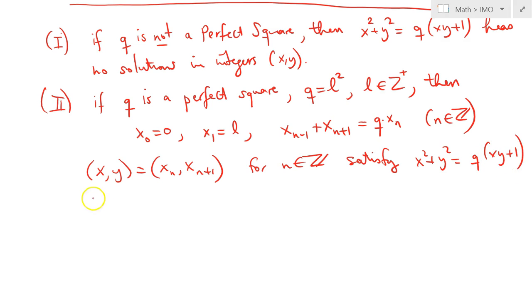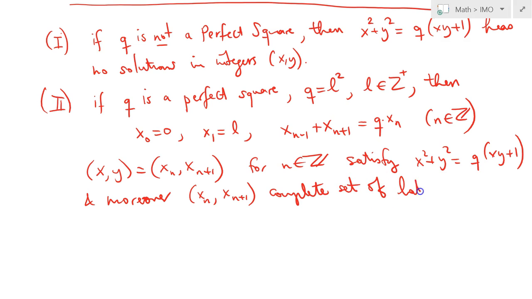But moreover, they completely characterize it, right? So moreover, this pair, x sub n, x sub n plus 1, is a complete set of solutions, a complete set of lattice point or integer coordinate solutions.